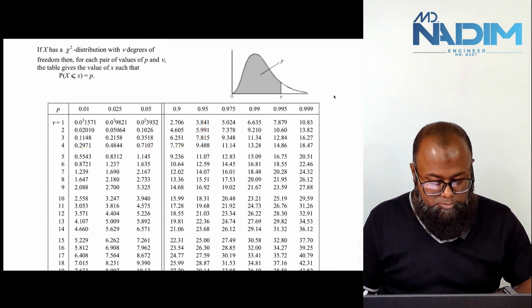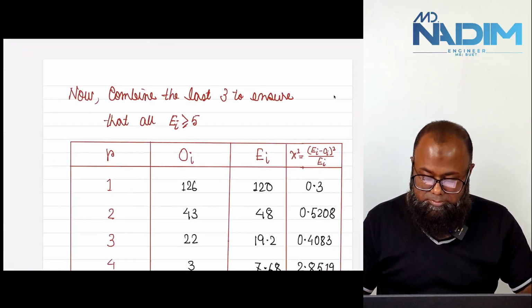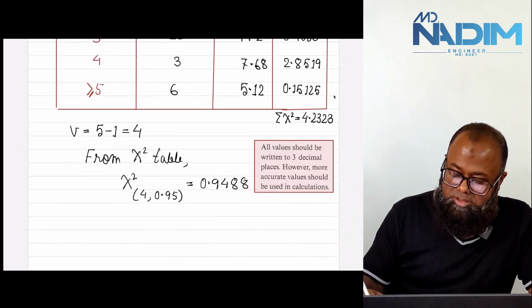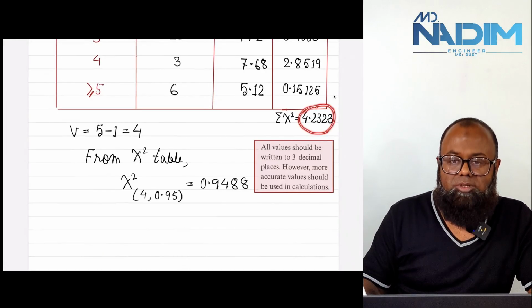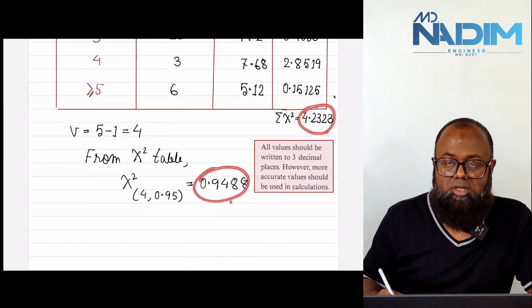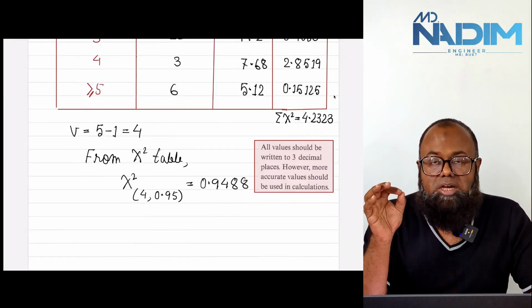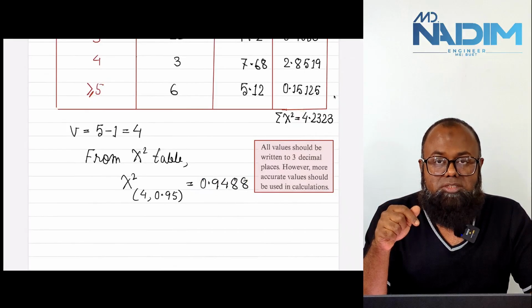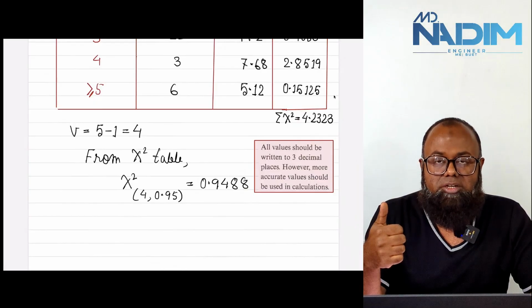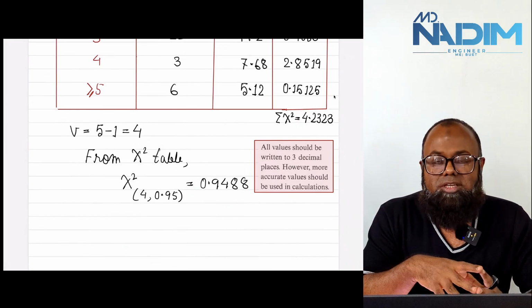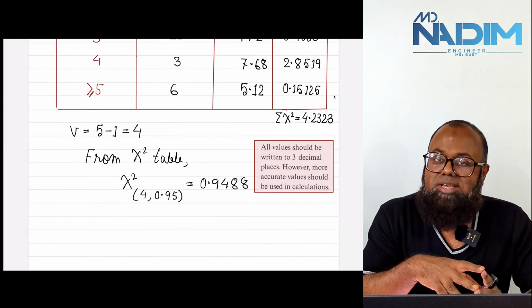Now we will write down the value here. Now compare this: this is the value you got from calculation, and this is the value you got from the table. Now what is our concept? If the chi-square calculated is less than the chi-square critical value of the table, then the test is not significant. Null hypothesis is accepted.